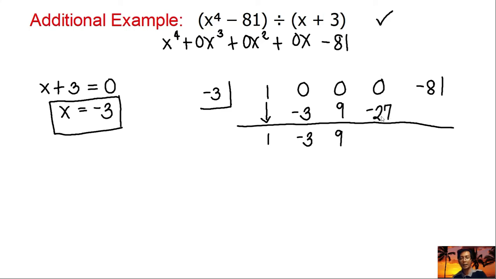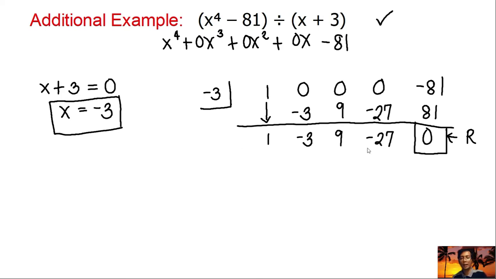Then add 0 plus negative 27, that is equal to negative 27. Times po ulit, negative 27 times negative 3. So negative times negative is positive, ito po magiging positive 81. Then add negative 81 plus 81, of course that's equal to 0. Therefore, the remainder is 0.